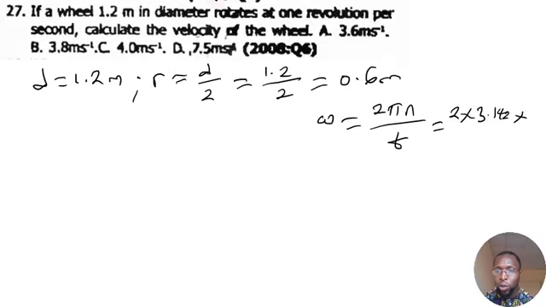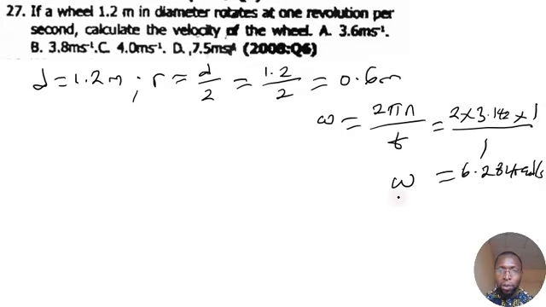Here we are told it is 1, so it's 1 over 1 second, so over 1. So multiplying 2 by 3.142 will give us 6.284 rad per second. That is our omega now, our angular speed.